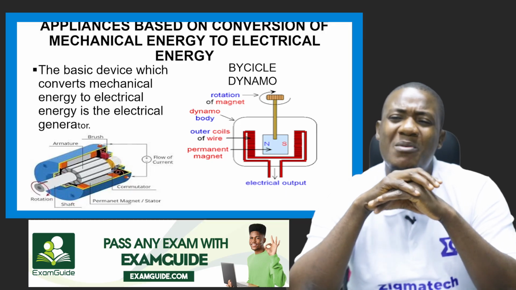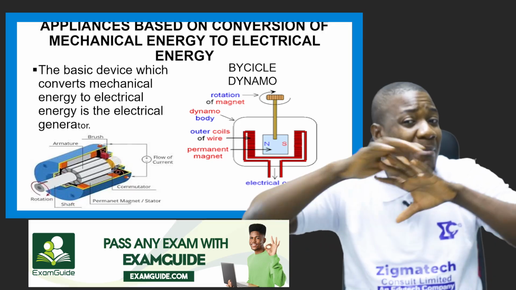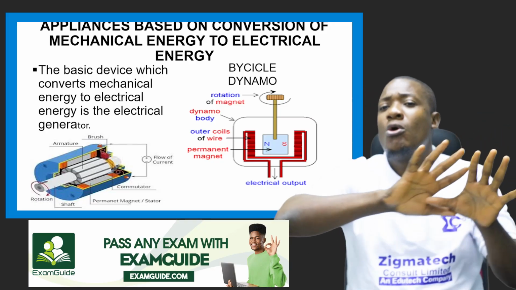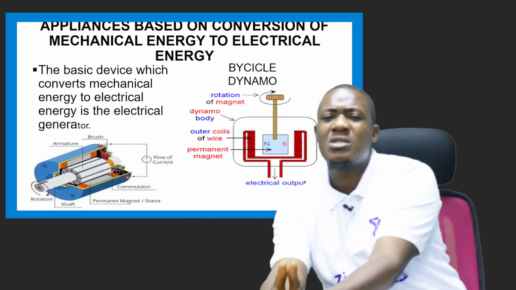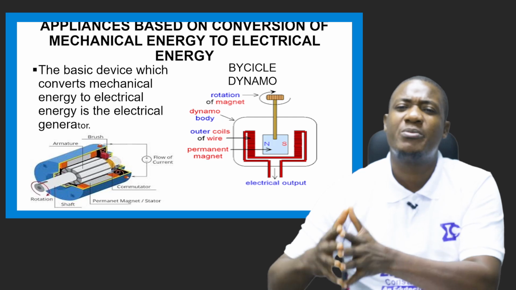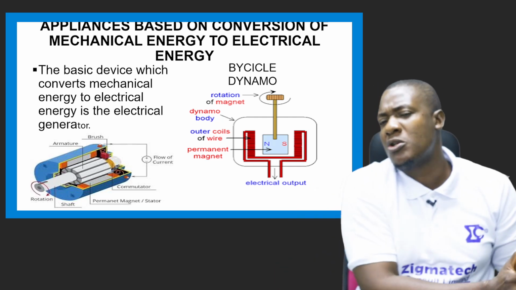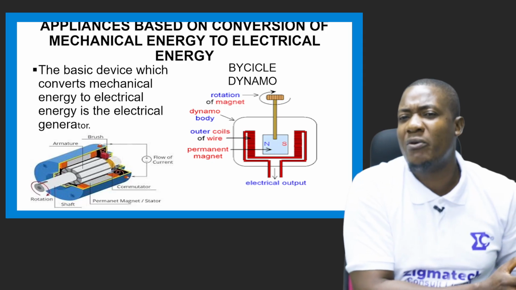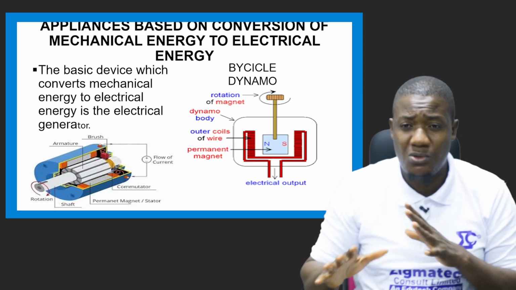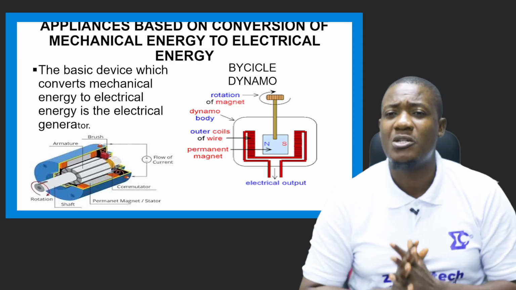Now, the simplest form of this generator, the same thing I explained: a generator works on the principle of electromagnetic induction, while a motor functions on the principle of electromagnetism. Please take note of these things I'm mentioning.